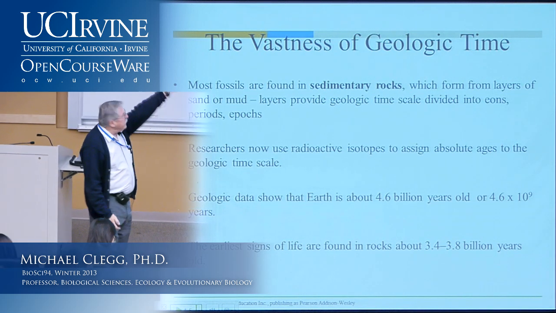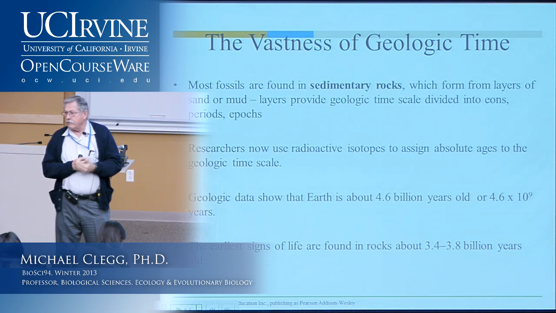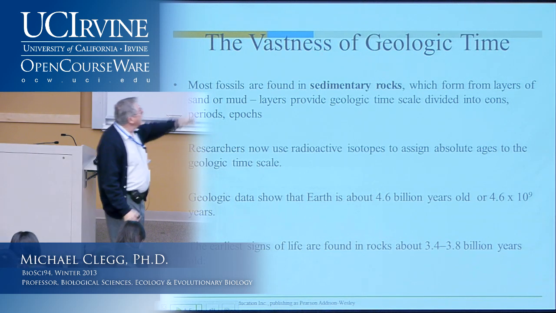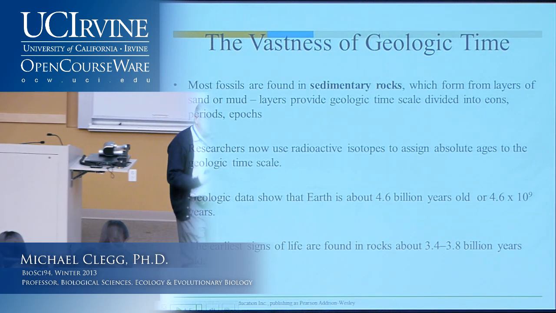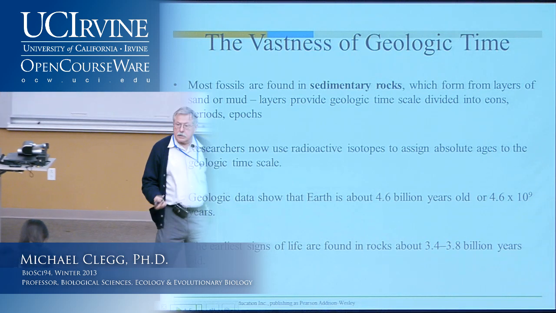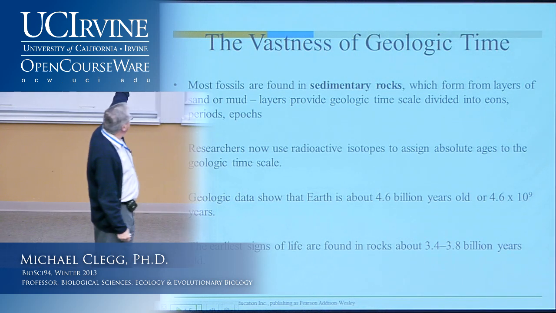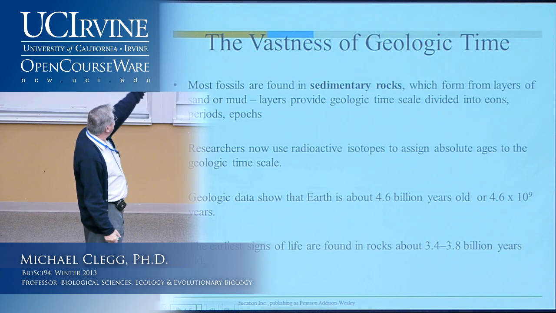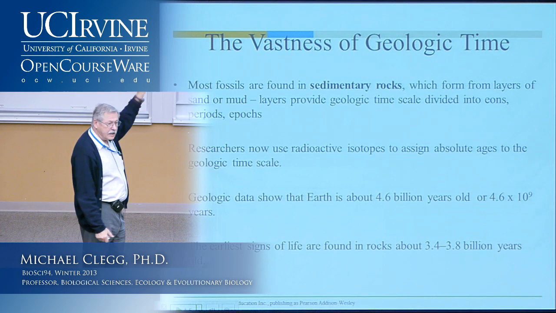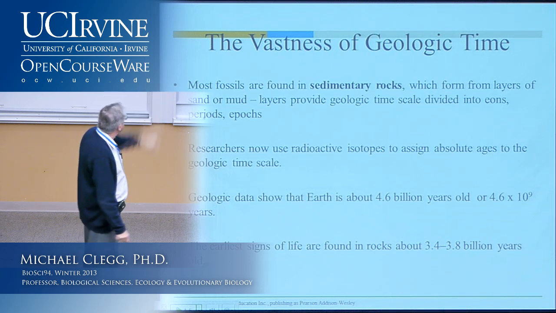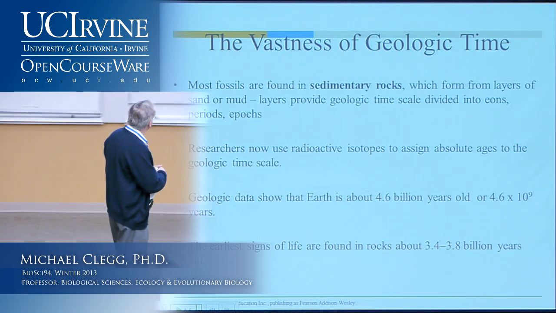Well, after radiometric dating techniques were invented, it became possible to assign absolute times to fossils. And so the old time scales are kind of an anachronism. We now know on an absolute time scale the age of most of the fossil record.